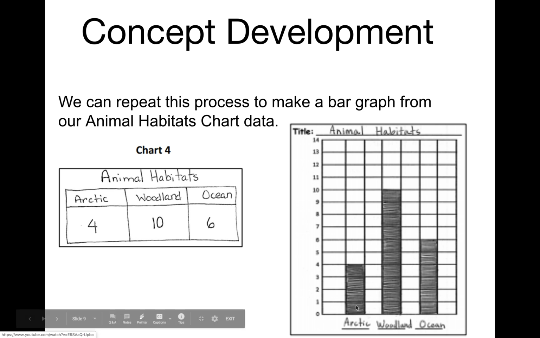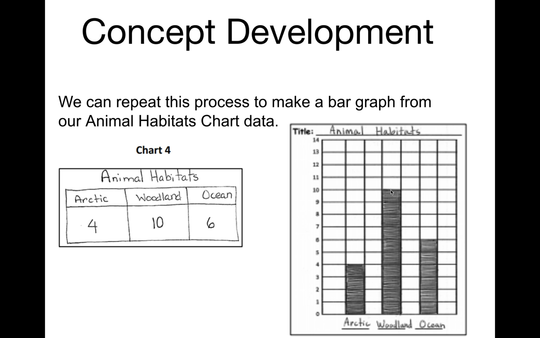We see here that Arctic is colored in all the way till it gets to this line. When I go over to the left to see what that lines up with, I see it lines up with 4. That is correct because there are 4 animals living in the Arctic habitat. When I do the same thing for woodland, I go all the way up until it stops, and then I go over, and I see that it lines up with 10.